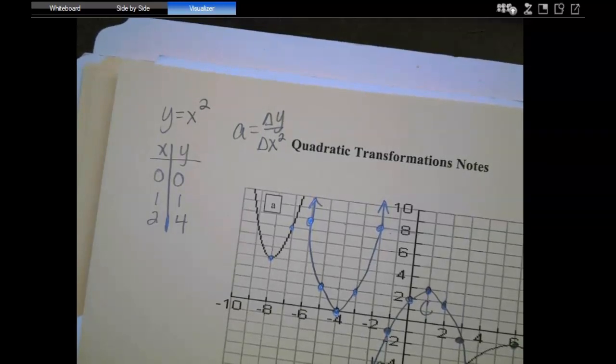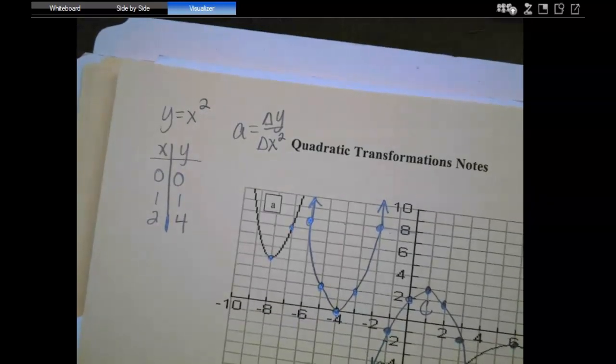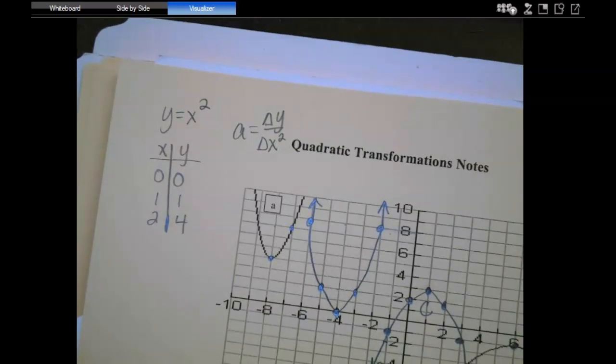If it was inside, you'd multiply it times the X, right? But outside is always times the Y. Okay.